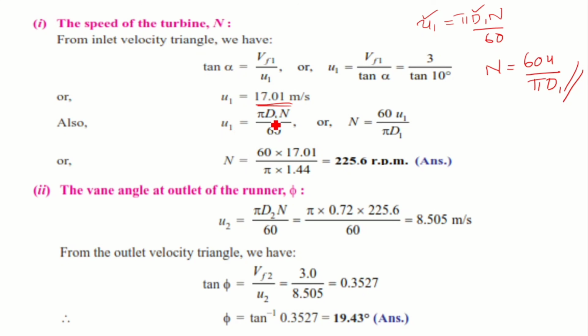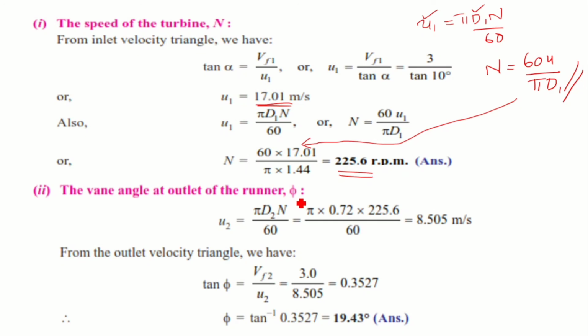So U1 is equal to pi D1 N by 60. Substituting the values, you will get the RPM as 225.6 RPM.